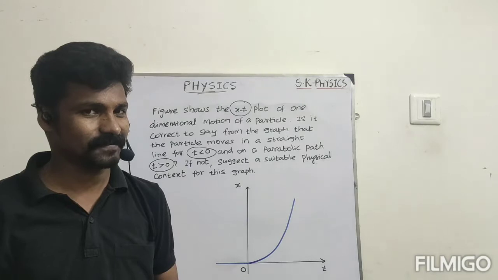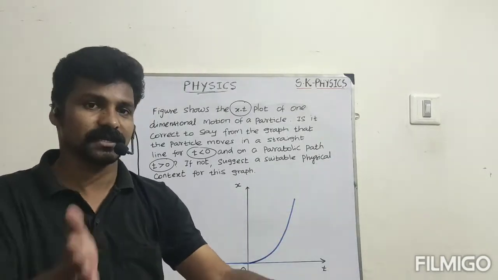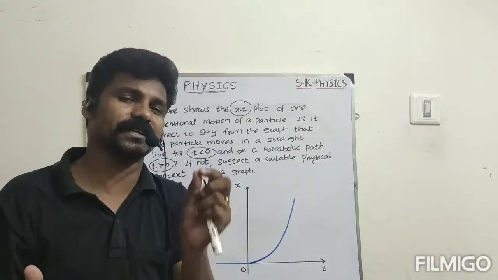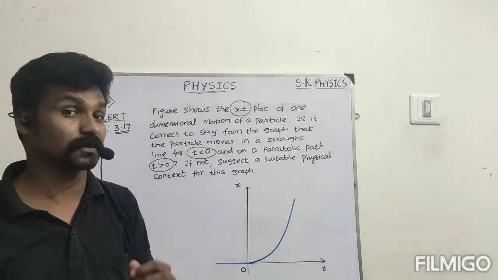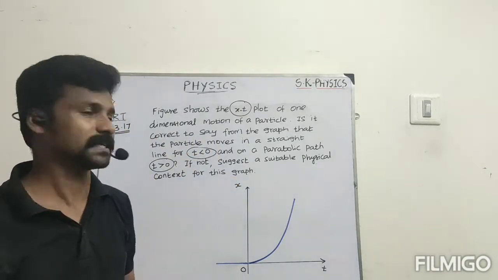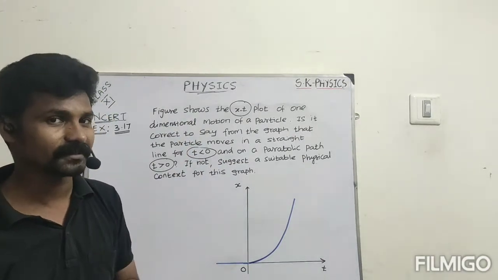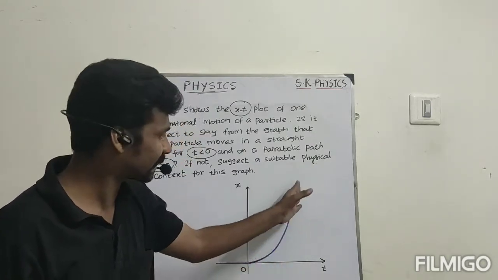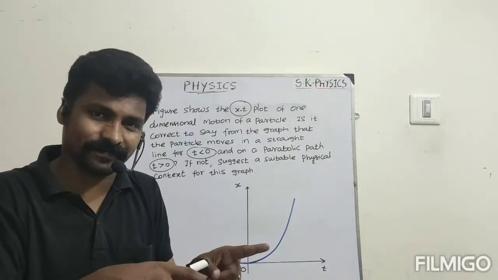X coordinate and y coordinate. Now I throw this object, in both coordinates the value will change simultaneously. So it is not a parabolic path, first of all, but they said about the parabolic path. Clear? So first understand, if you observe this graphical diagram structure, it looks like a parabola, but it is not parabolic motion. You understand?